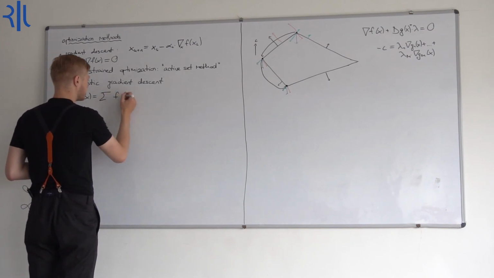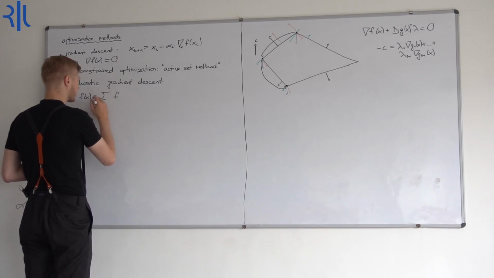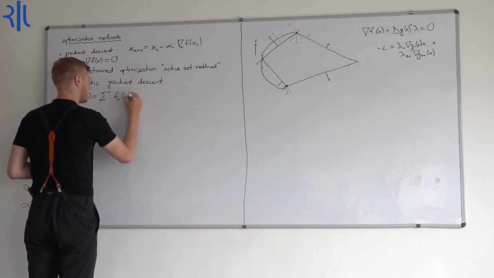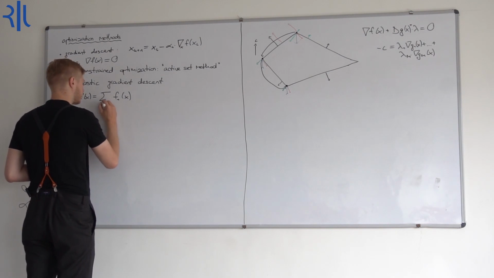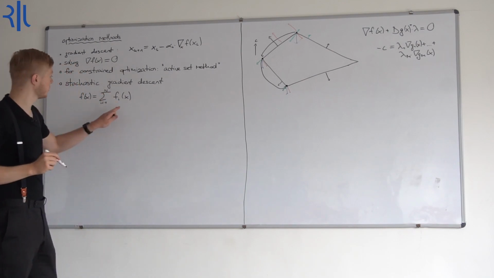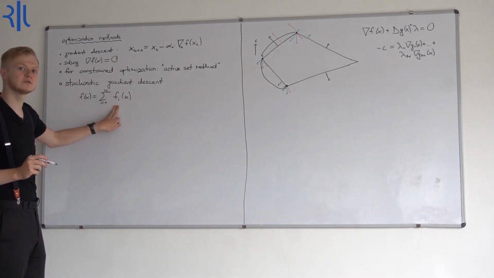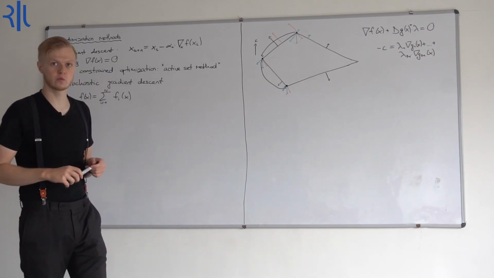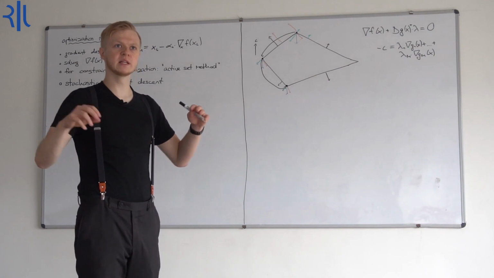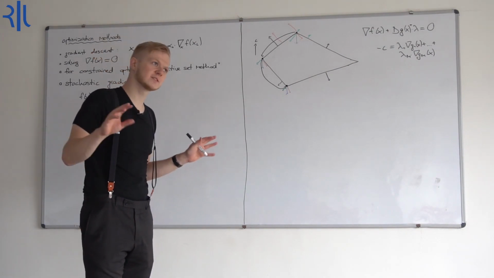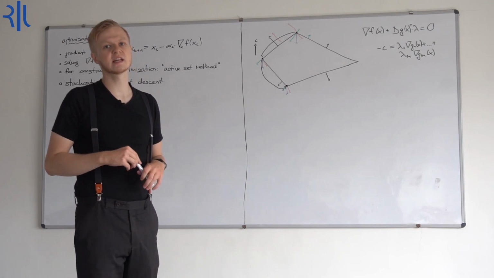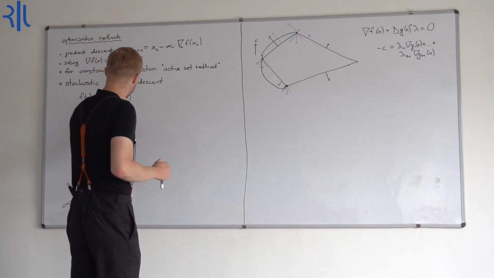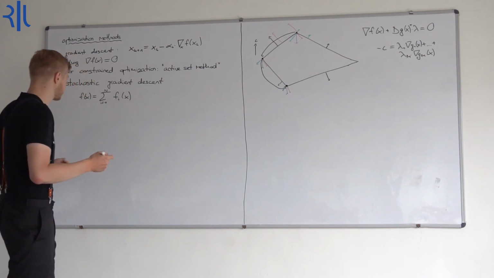You have a sum of several functions which are all kind of similar. This is the case in machine learning, where when you have a billion examples of chairs, the chairs are all kind of similar.